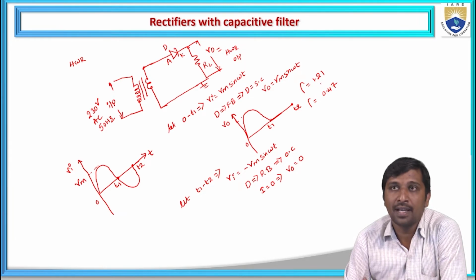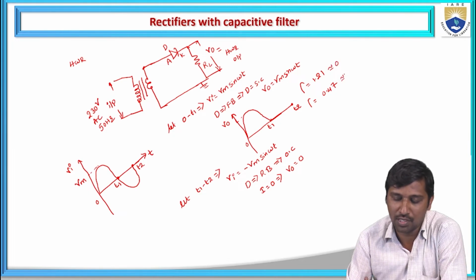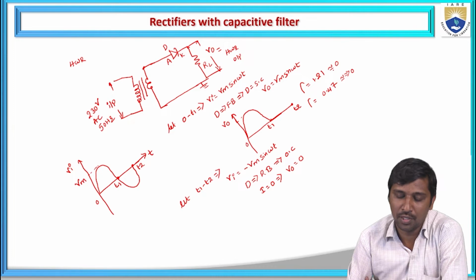To minimize this amount of ripples from the pulsating DC output, we reduce the ripple approximately to zero, or this 0.47 is also reduced to approximately zero. For this case, we are going to use a filter concept.